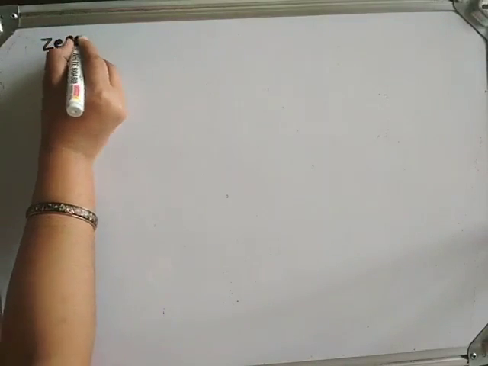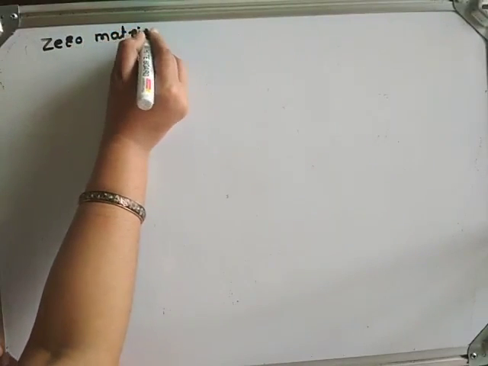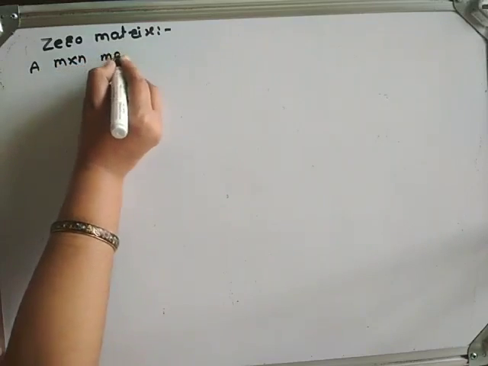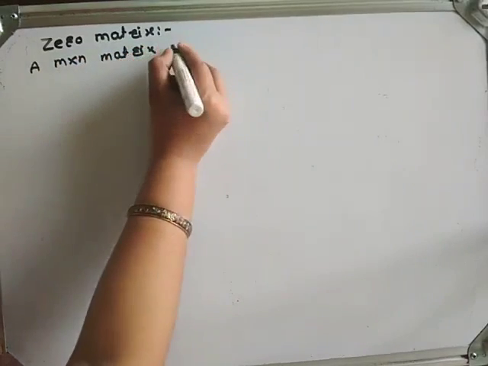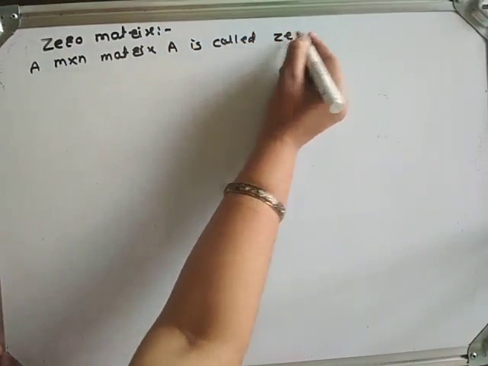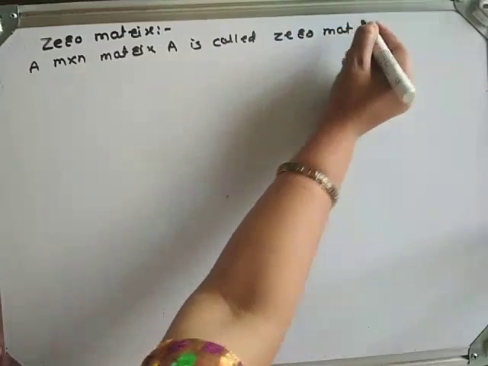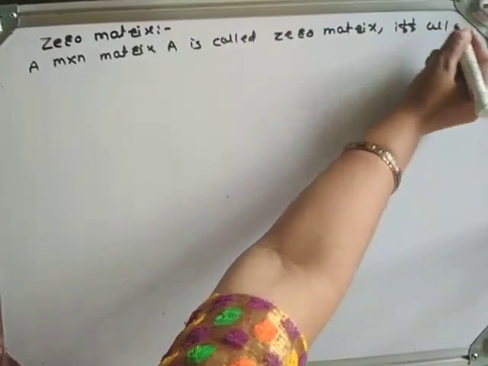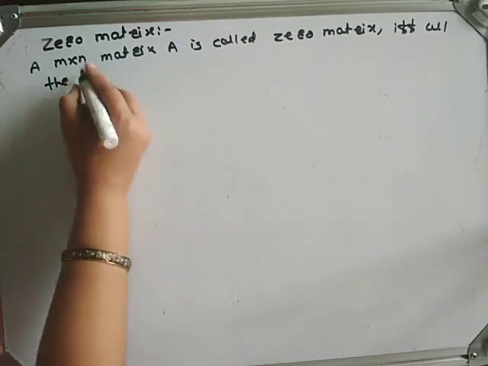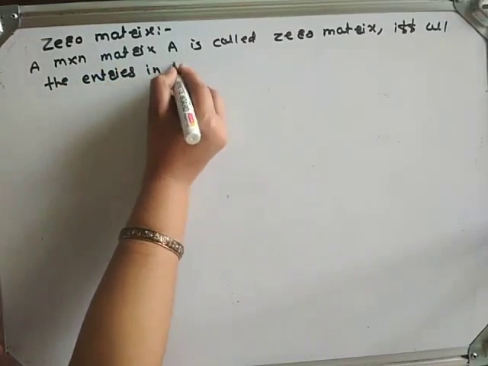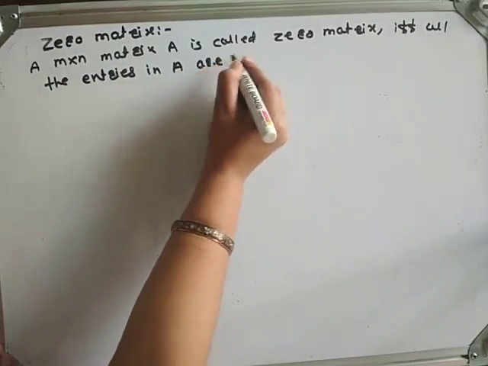Let us take the next definition, zero matrix. An m by n matrix A is called a zero matrix if all the entries in A are 0.